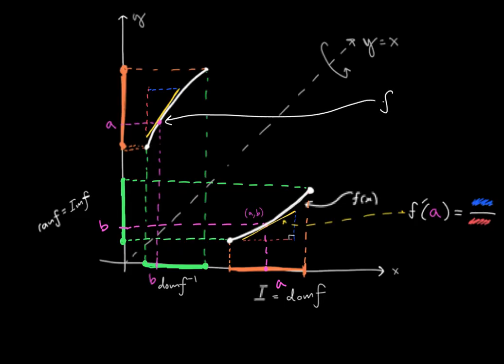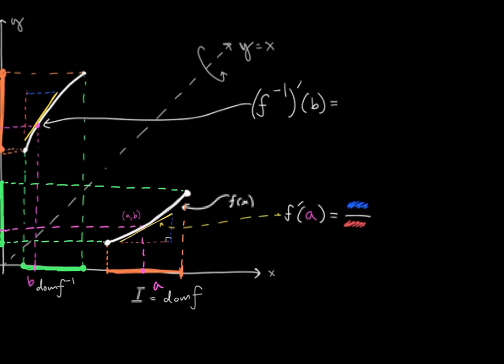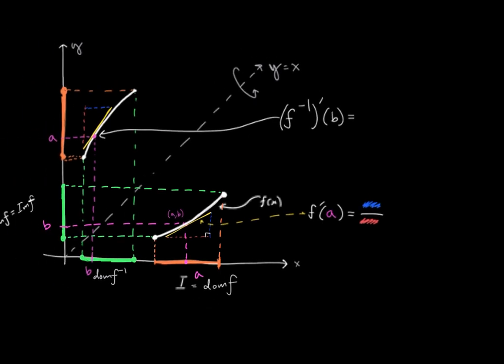If I were to ask you what f inverse prime, the derivative of f inverse at b is, well, based on the picture, it looks like I have a rise of red divided by the run of blue.